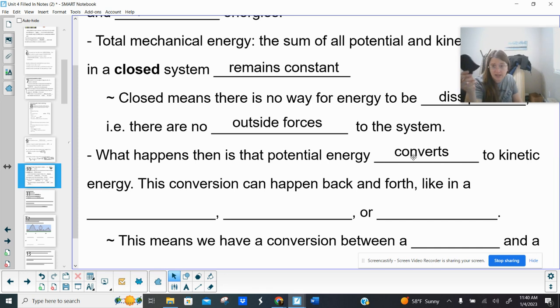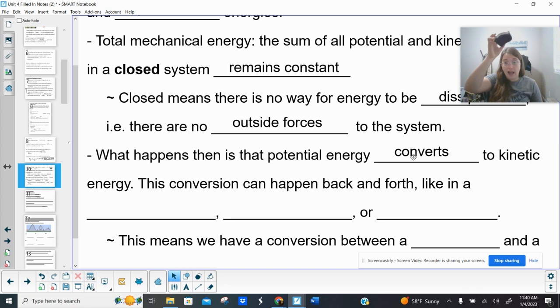The only way this guy was going to be able to move is if something else gave it energy. So the height gives it the potential to have kinetic energy. Again, motion doesn't come from nowhere.